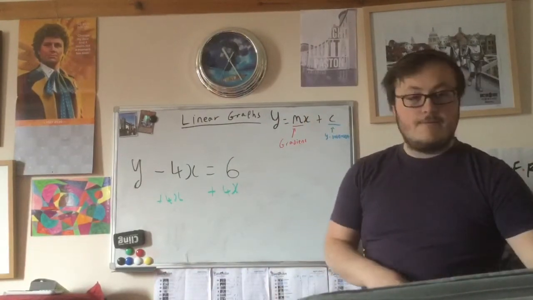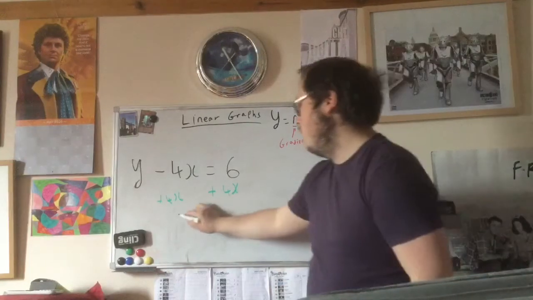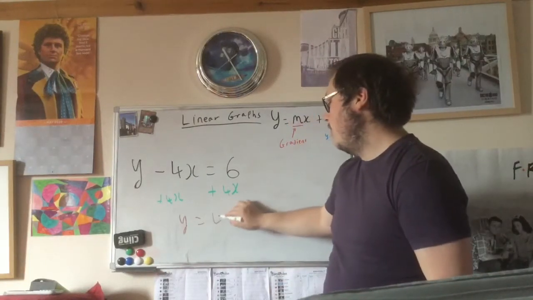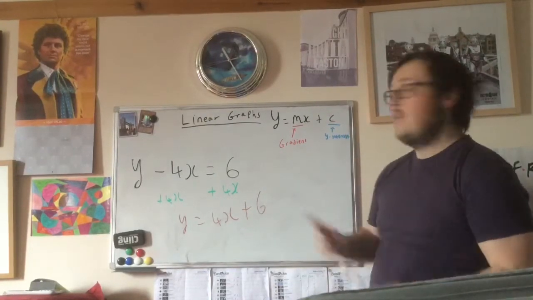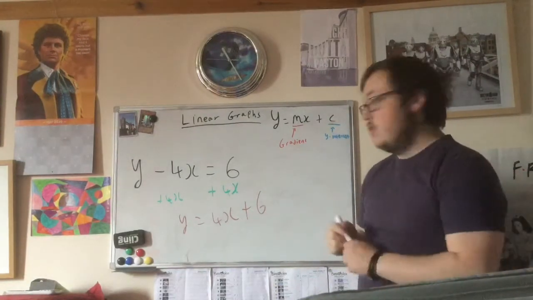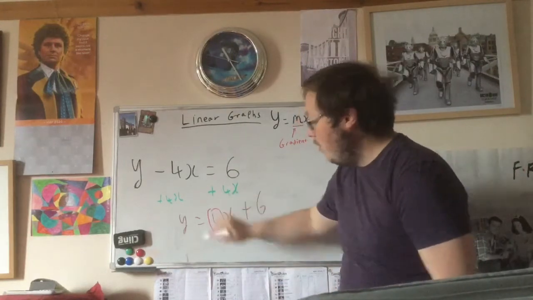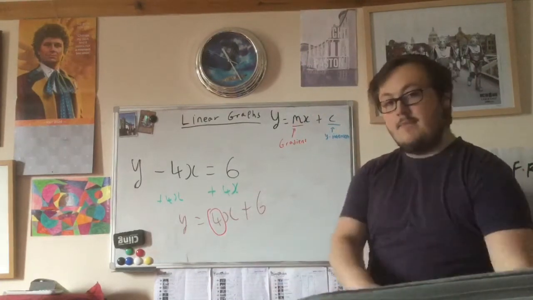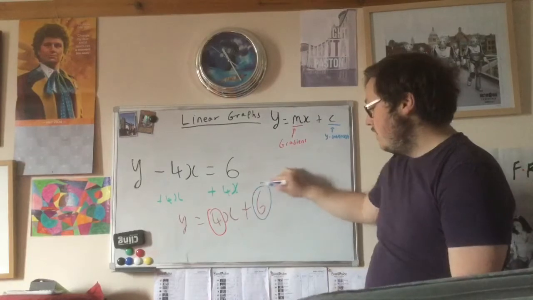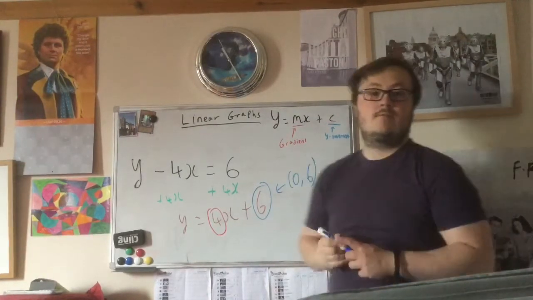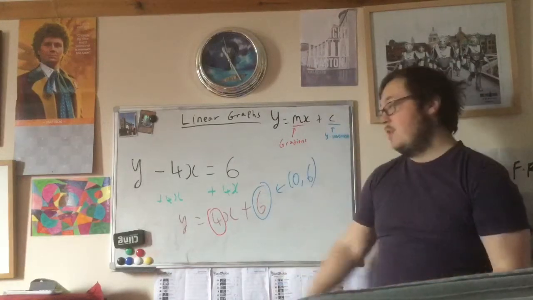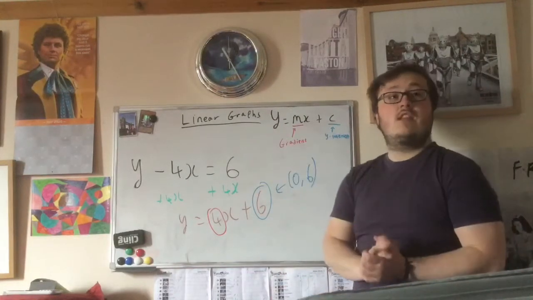And once we've added 4x on both sides, we will end up with y equals 4x plus 6. That's more like it, isn't it? So the gradient is 4, and the y-intercept is (0, 6). You need to remember you have to make it identical to the example up here.